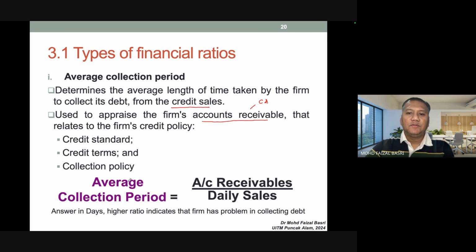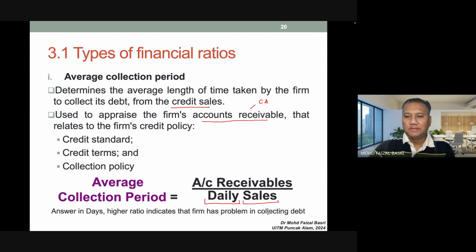Right, so untuk formula ACP ni, average collection period, kat sini dia letak the formula is account receivable divided by daily sales. Okay, the perkataan daily sales. If you recall dalam kita punya statements, we don't have daily sales, kita hanya ada sales amount.